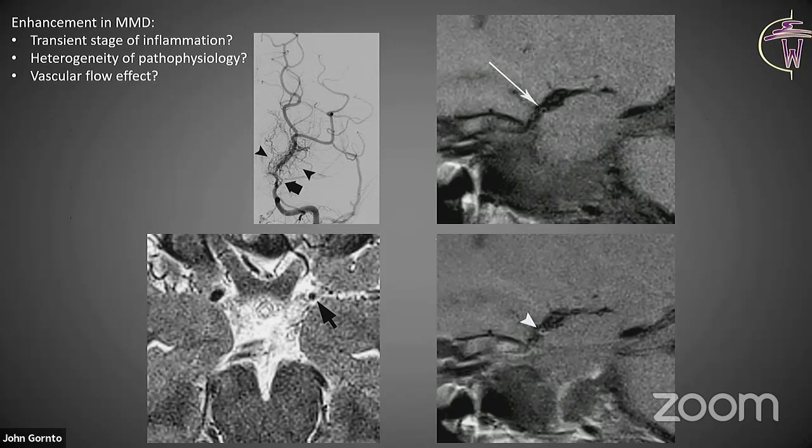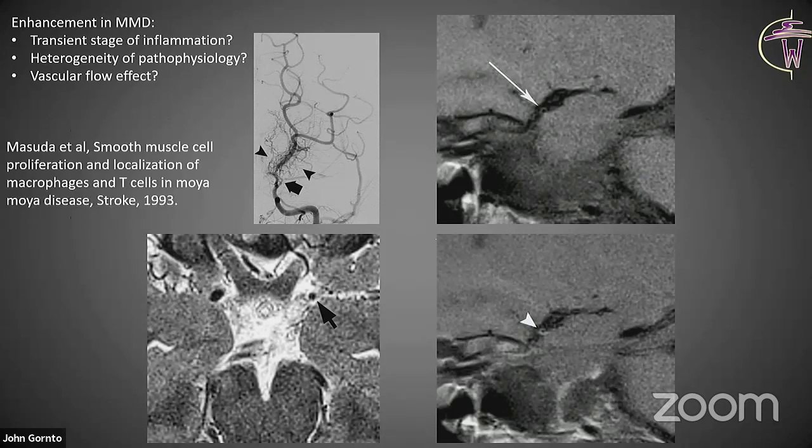And I did want to show this example that we had of a case with some enhancement involving that MCA right here, without much wall thickening, and again, without much remodeling or signal abnormality on the T2 weighted image in a patient that did have Moyamoya disease.